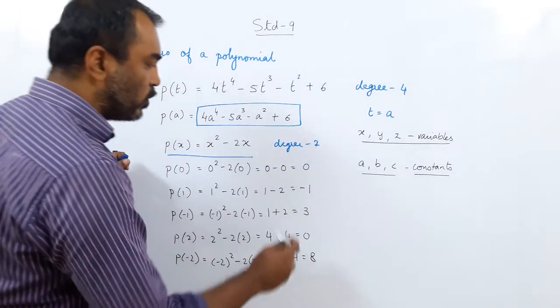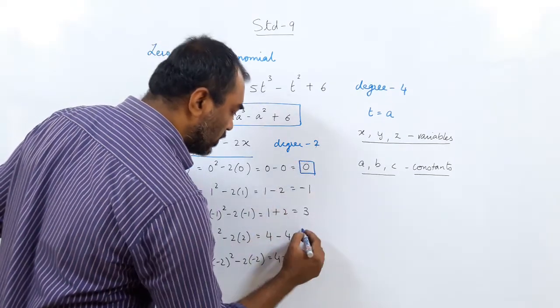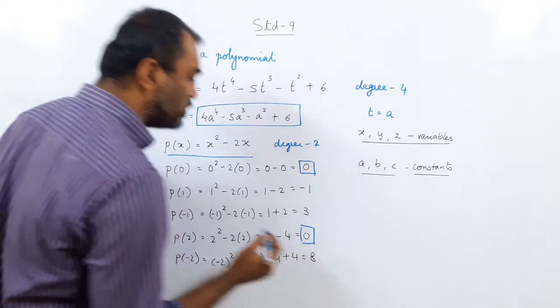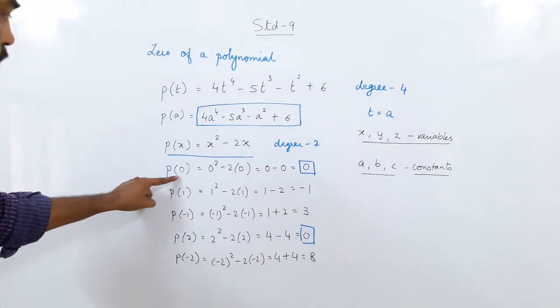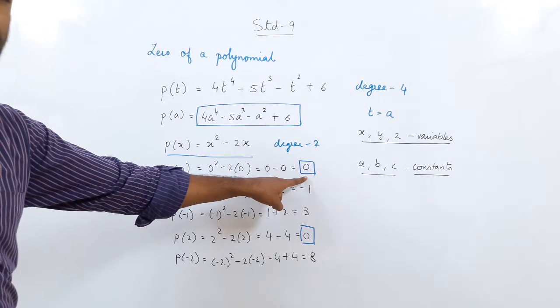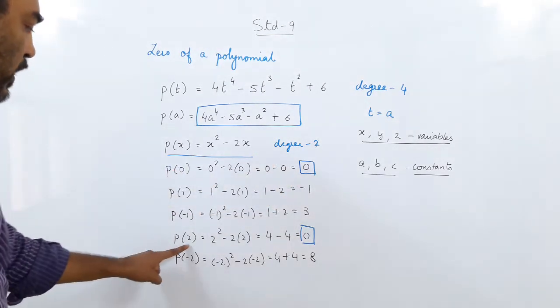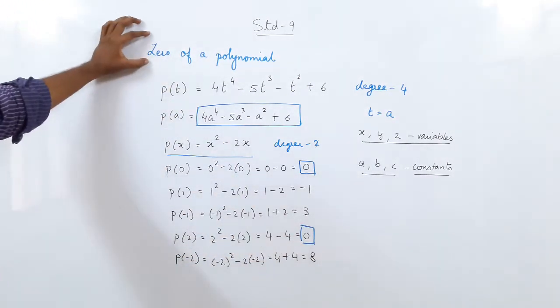Yes, these are the values of the polynomial. You can see for 2 values, the values of the polynomial became 0. Can you see this? When I put x equal to 0, the value of the polynomial became 0. When I put x equal to 2, the value of the polynomial becomes 0. Means, what is the zero of the polynomial?